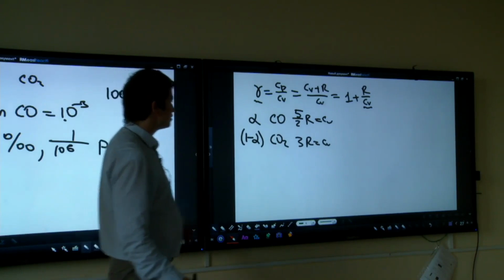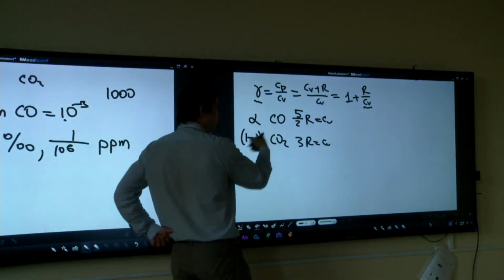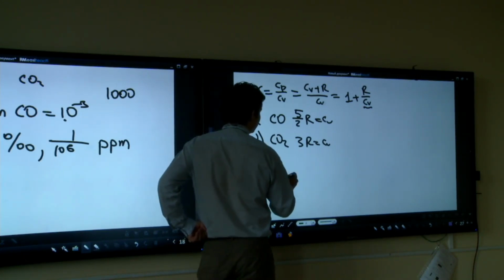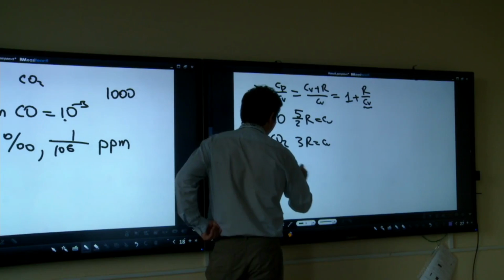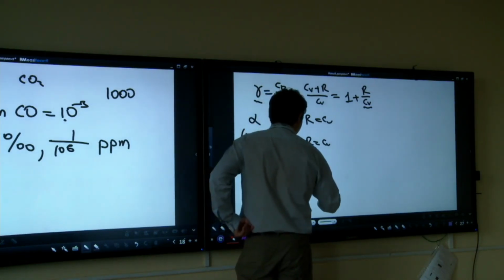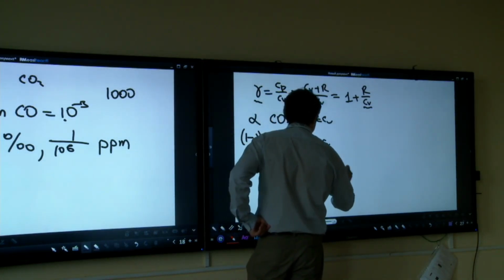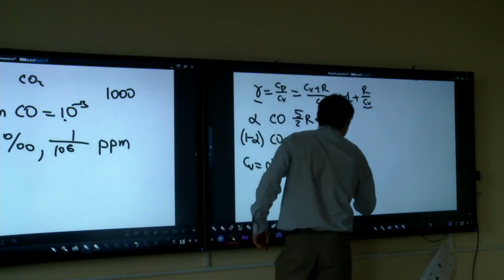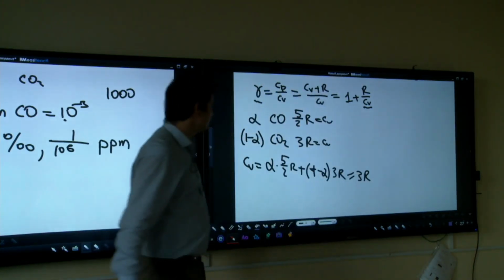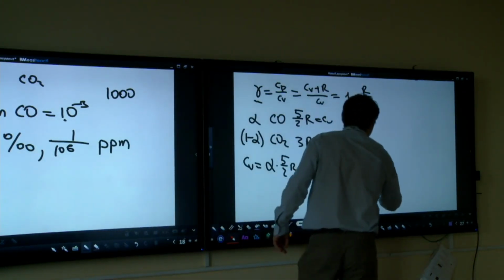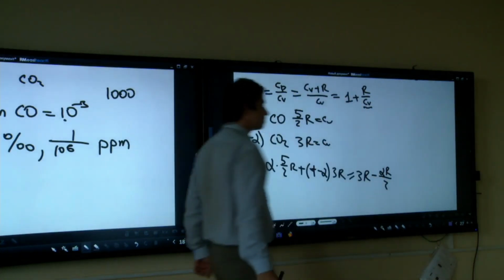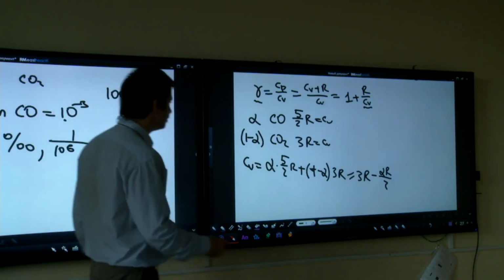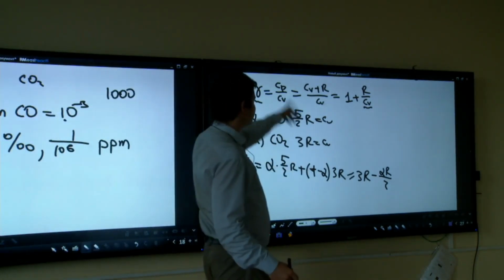So that means that 1 mole of this mixture has the molar heat capacity of alpha times 5 over 2 R plus 1 minus alpha times 3R. So that would give me 3R minus alpha R over 2. So there is a very small correction to the Cv. So that allows us to determine gamma.